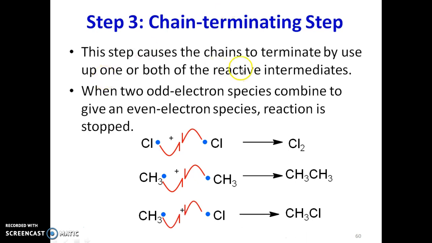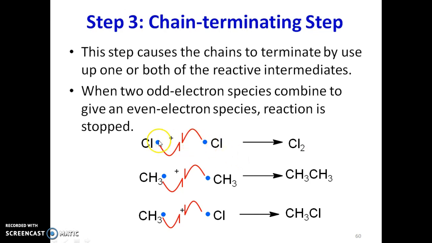So chain terminating step means that free radical meets free radical, because we don't want to produce free radicals anymore. Terminating means that we want to stop the reaction. So free radical must meet free radical to produce a molecule without any free radical.